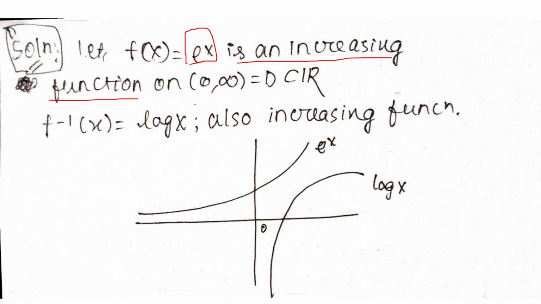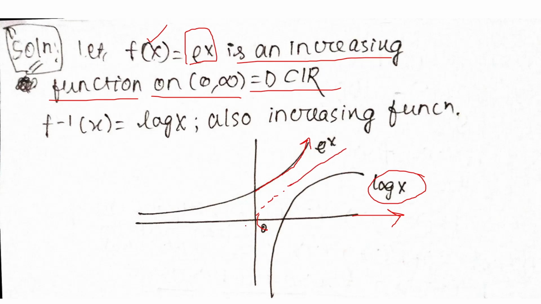We all know that, but the interval is the most important thing. Domain 0 to infinity, which is a subset of the real numbers. So it is exponentially increasing in the interval 0 to infinity. So we'll take that f(x), and what is its inverse? We all know that its inverse is log x.